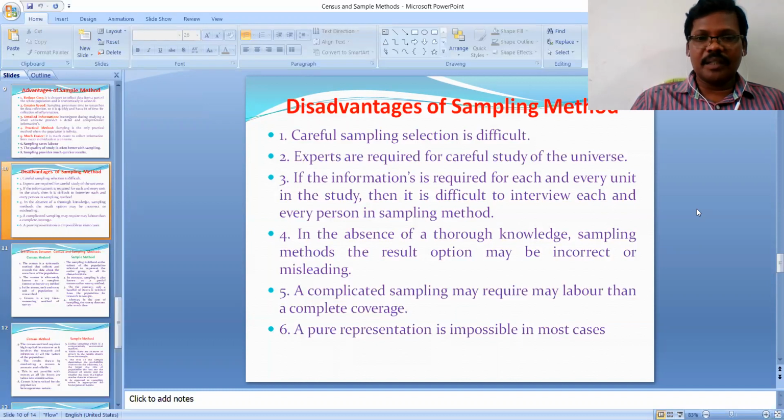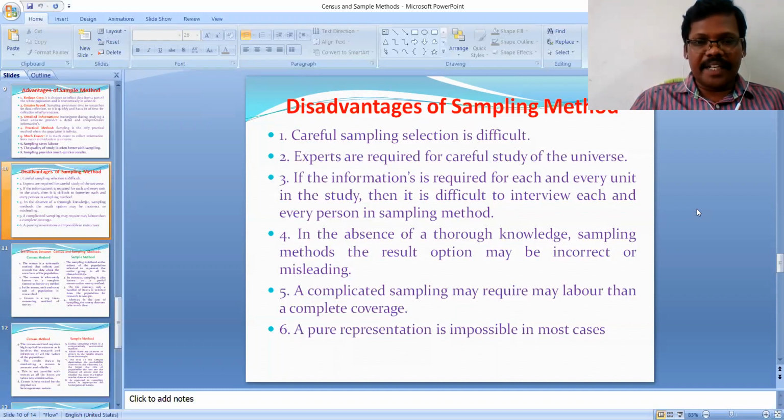When there are heterogeneous items, where different characters are there, the sampling method is not good for the analysis. In the absence of true knowledge, the result of the sampling method may be incorrect or misleading. We can get the wrong result also.